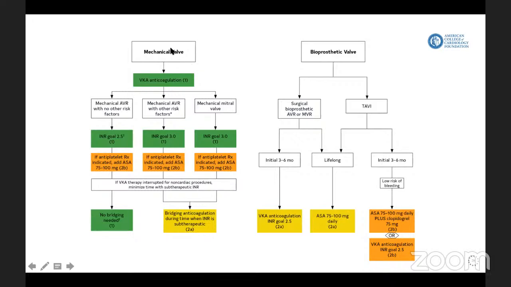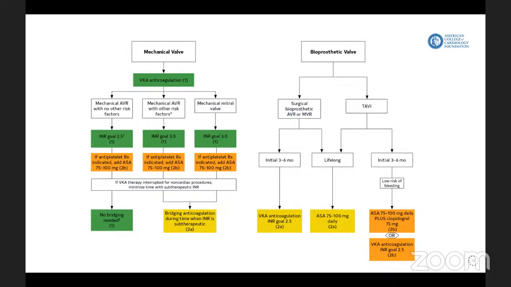So this diagram summarizes what we discussed before. For a mechanical aortic valve replacement, the target INR is 2.5. With a new generation aortic valve like Onyx and no thromboembolism risk factors, targeting a lower INR of 1.5 to 2.5 is a class 2B.